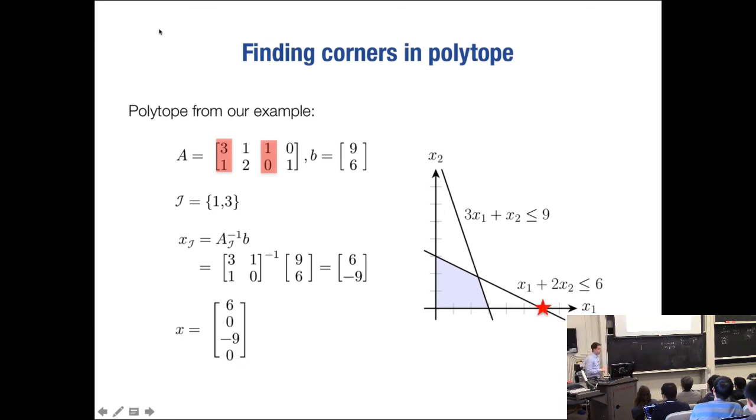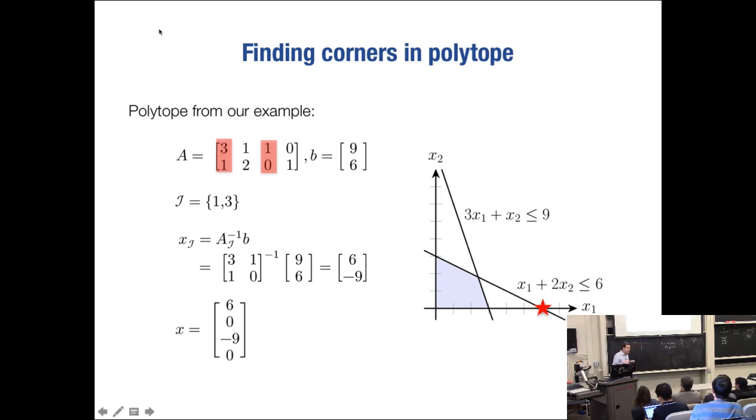The subsets are all intersections of m of these planes, since it's an m by m equation. But not all of those actually lie on a corner of the polytope. The ones that do are exactly the ones where the solution is always bigger than 0.